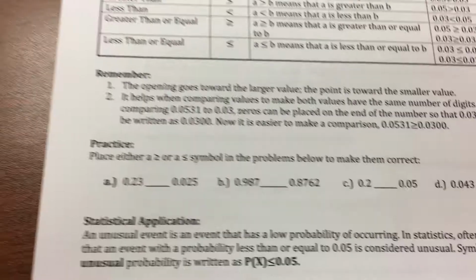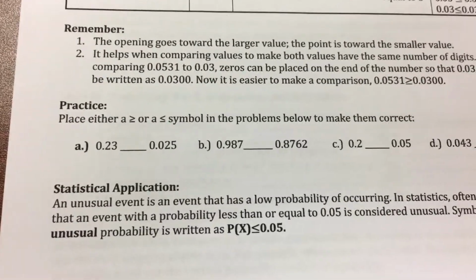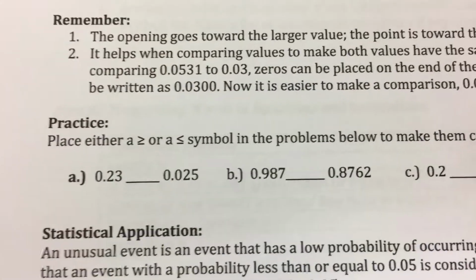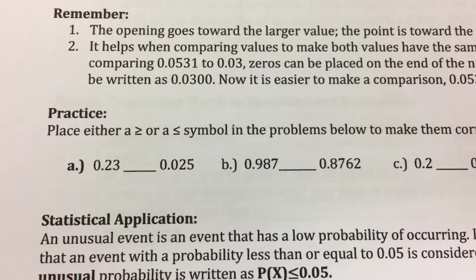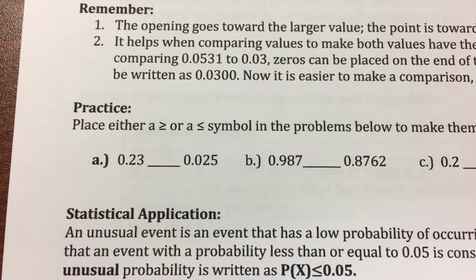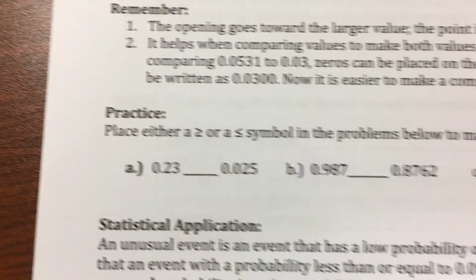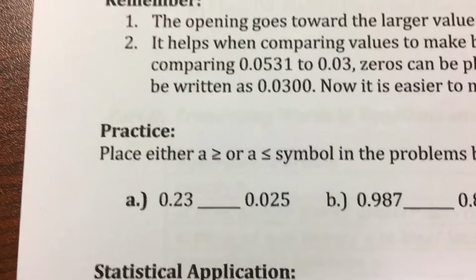Now, you have some problems here that they want you to compare. When I grade this, I'm going to be checking that you've placed the zeros at the end to make them the same place value, same number of digits, and then I'm going to be checking for your inequality symbols. So please make sure that you include your zeros.